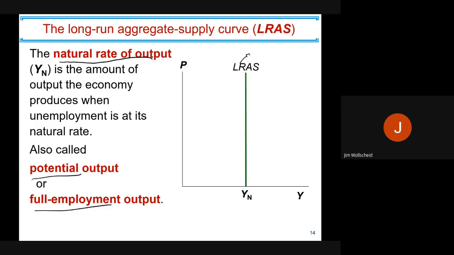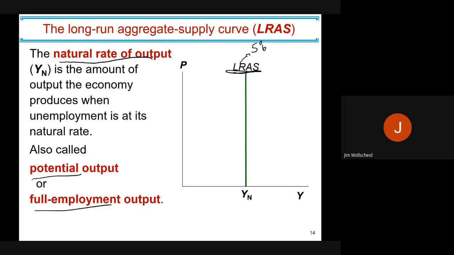So at long run aggregate supply, for the US economy, we should be right around 5% unemployment. This is potentially what we can do if we utilize our resources efficiently. Are we running things smoothly? And when we run things smoothly, here's the long run aggregate supply. That's where we want to be. It's kind of the ideal location.